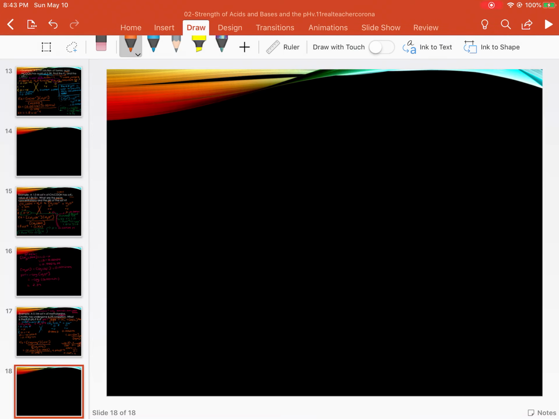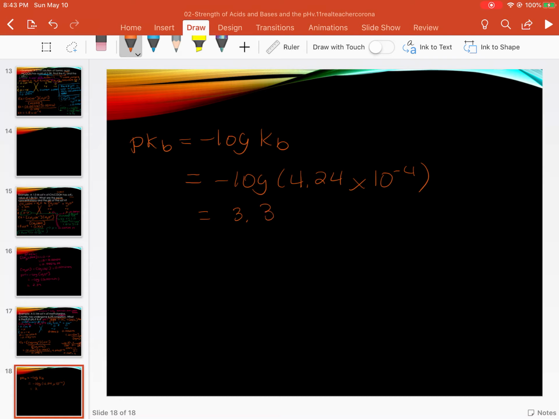So now when you do pKb, similar to pKa, that's always going to be negative log 4.24 times 10 to the negative 4, which is 3.37. You're also asked to calculate Ka, so then you need this formula here, Ka Kb equals Kw.